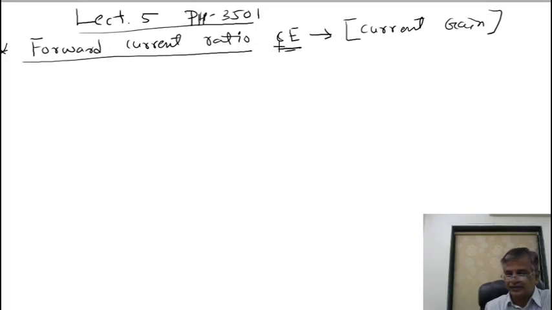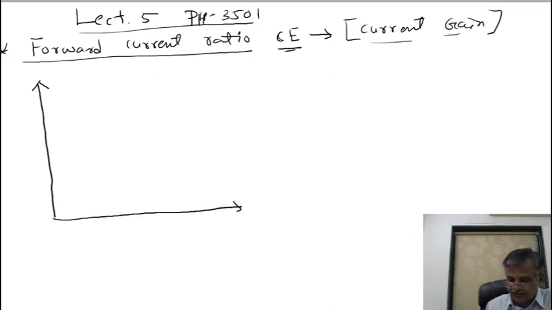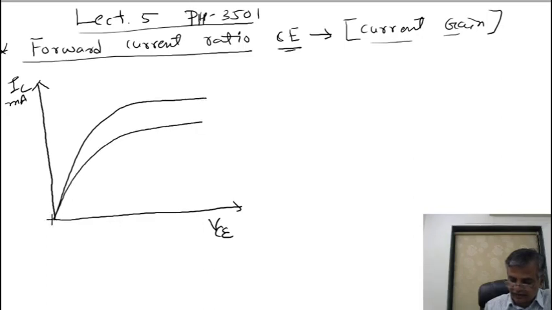My title is given in your textbook, so I am discussing like this, but we want to discuss the current gain. The output characteristics for common emitter configuration is as shown in figure. So this I am showing you: different graphs for different values of the base current.